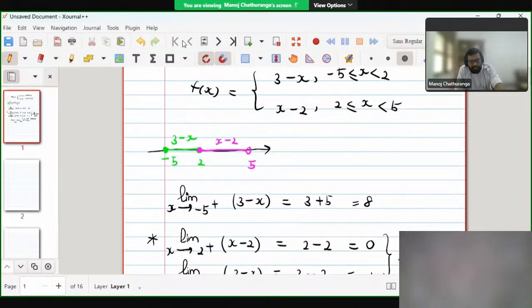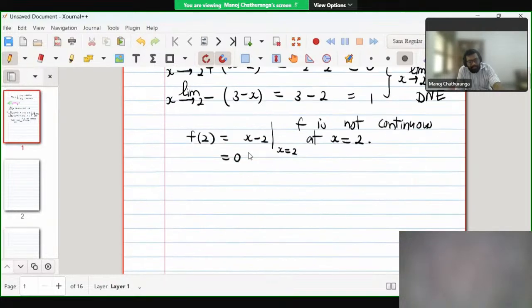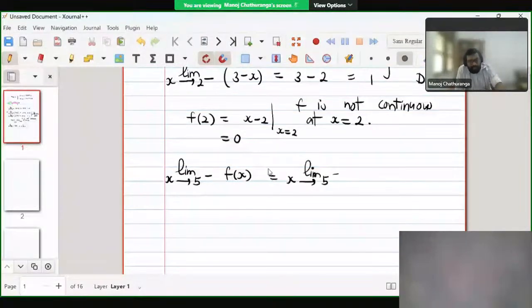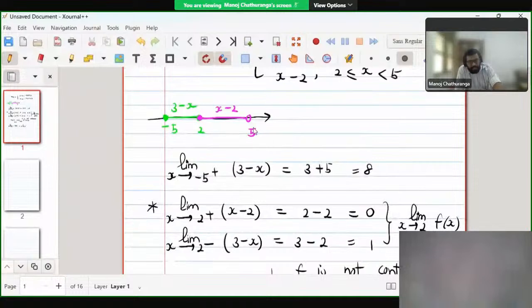At last, if you want, you can compute the left limit at 5, but the function has no value at 5. So if you want, you can compute what happens when we go to 5 from the left-hand side. So take a point close to 5, but to the left-hand side.